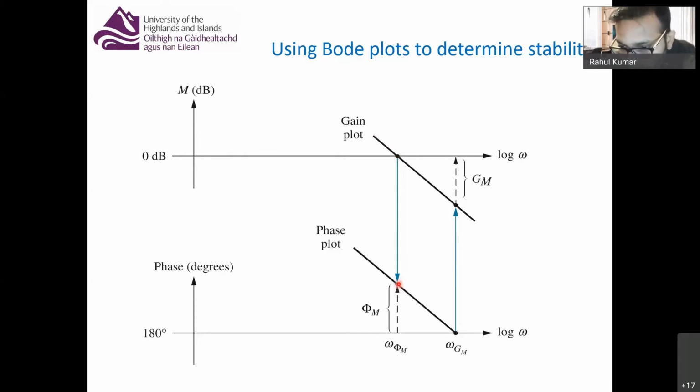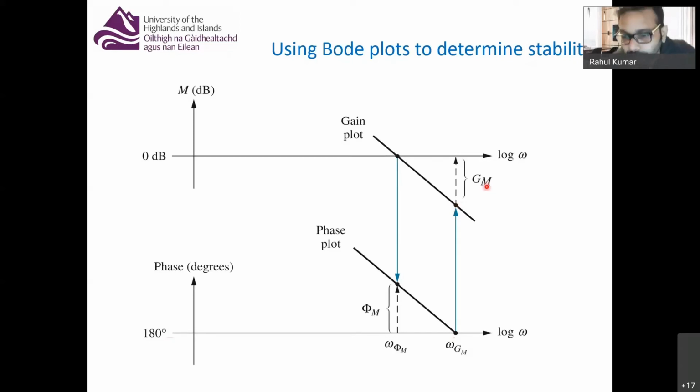So from this point we measure the difference from the 180 degree line and the point where we arrived from the magnitude plot. This difference is called your phase margin, right? Then we start from the phase plot. So we look for minus 180 degree. Minus 180 degree is cutting the phase plot somewhere here. So we now go up to the gain plot and we calculate the difference from that point to the 0 dB line. This difference is your gain margin.